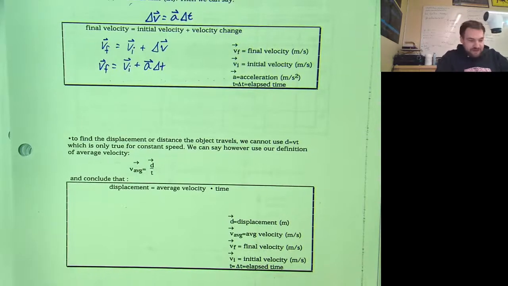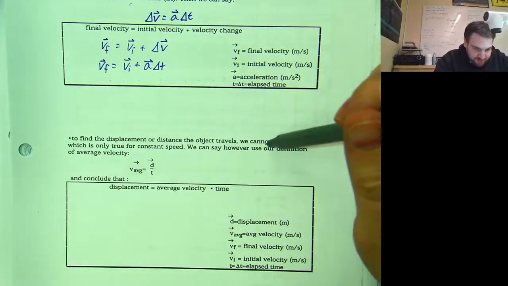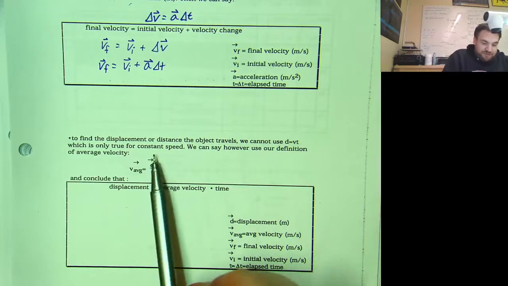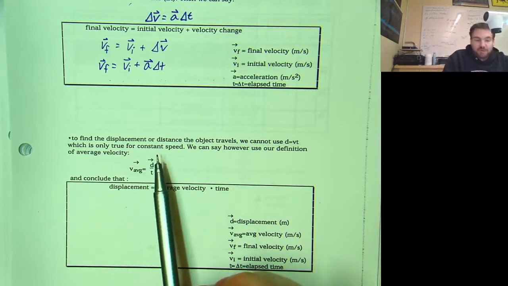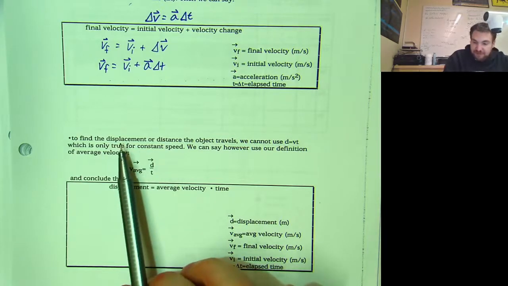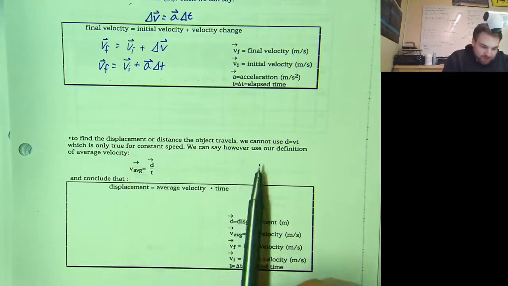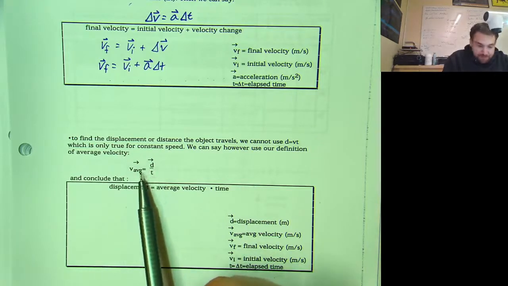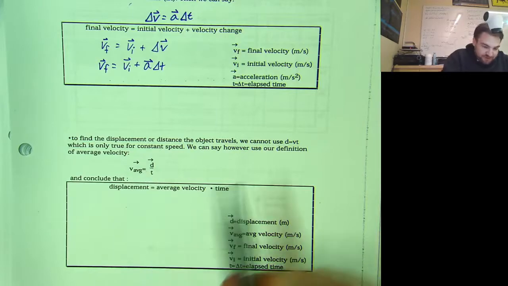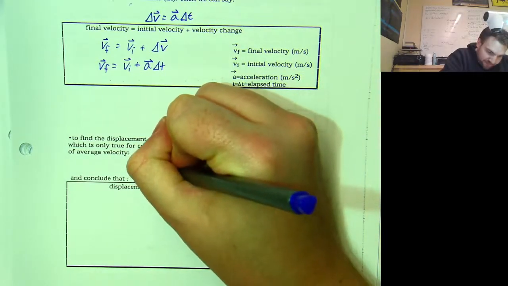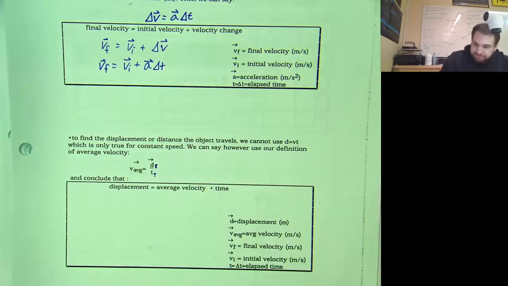Moving on. To find the displacement or the distance that the object travels, we can't use d equals vt because that's only true for constant speed. Now we're dealing with constant acceleration. So what are we going to use to find our displacement? Well, we do know our definition for average velocity is v average equals total distance, put a dt there, over total time.